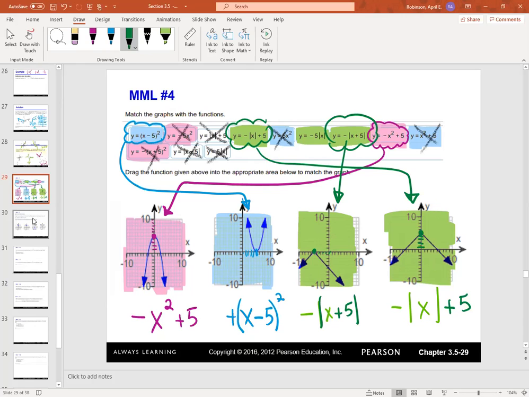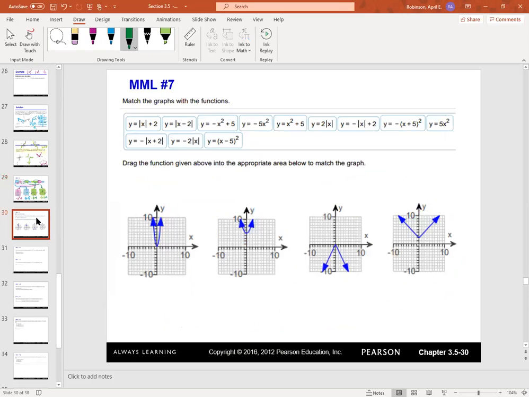All right. Let's do another one like that. Okay, so I'll just do them one at a time. The first two are both positive x squareds, right? I see a positive x squared and a positive x squared.